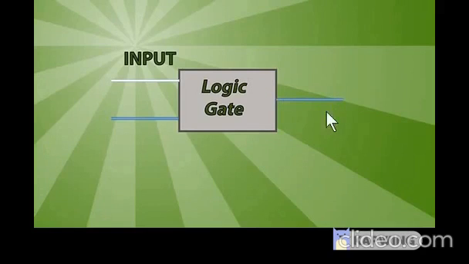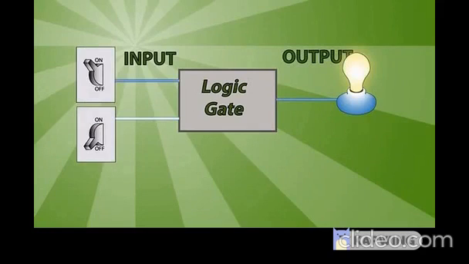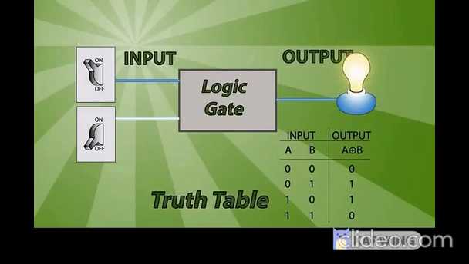For input, I have added some switches over here, and for output, I'm going to show a light bulb, which will be turned on or off according to the condition. You can see here with these switches, I can either turn them on or off. So there can be many possible values, right? Either both switches will be turned on or both switches will be turned off, right?